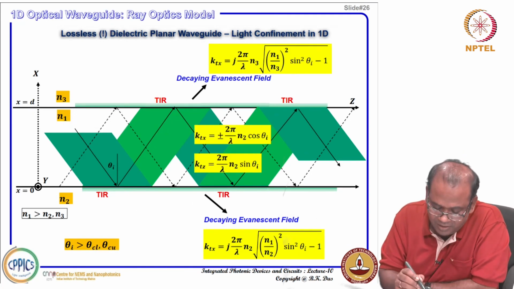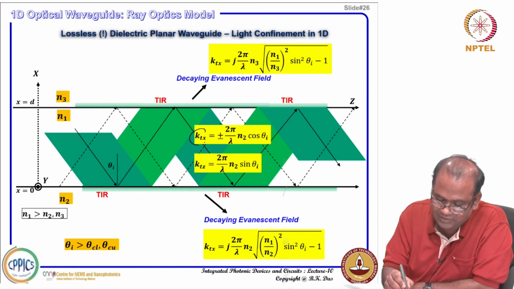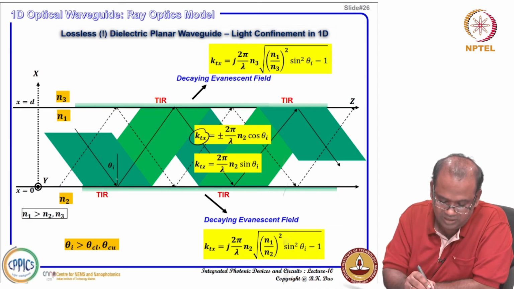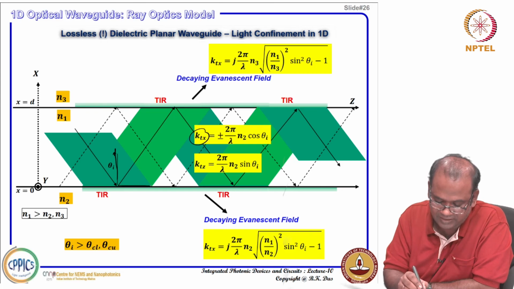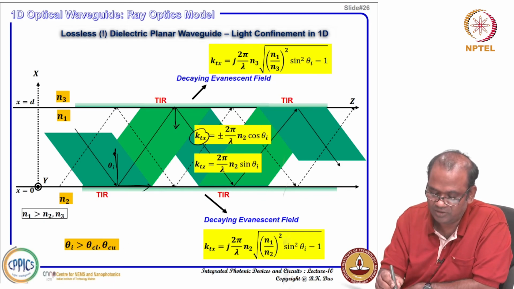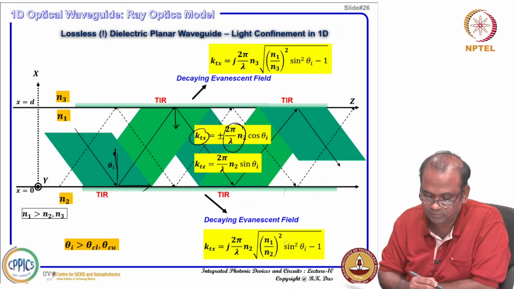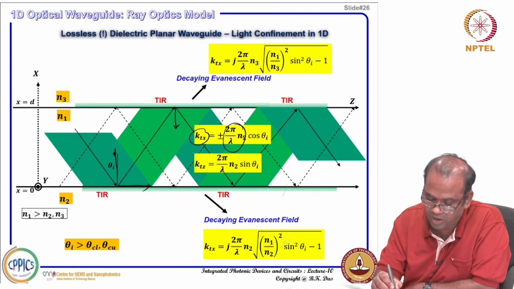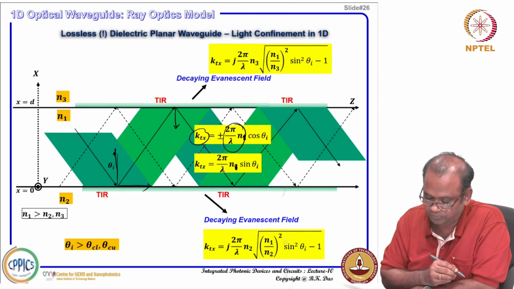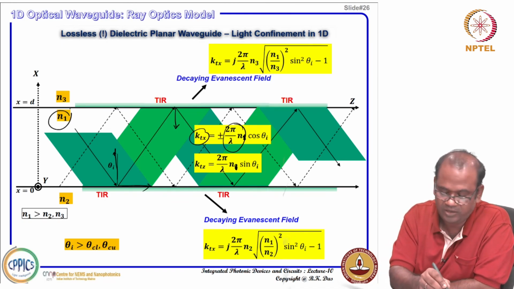In the middle you have KTX and KTZ, and here also KTX, KTZ. That means one KTX is in the positive x direction and another in the negative direction. So, this is your K1, this should be N1, I am sorry, this should not be N2, because in this medium the refractive index is N1.